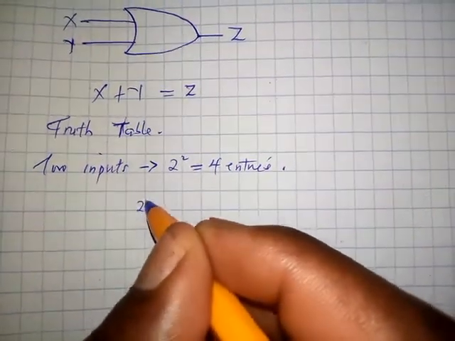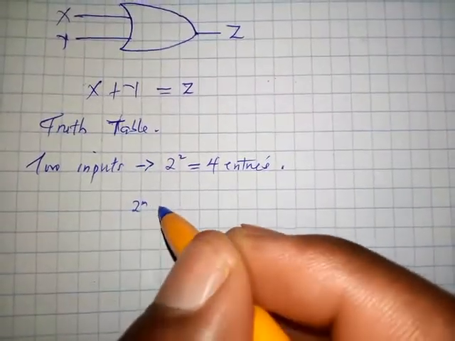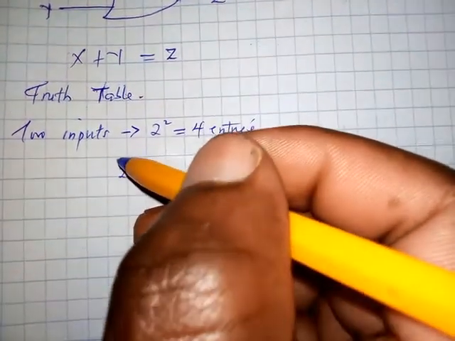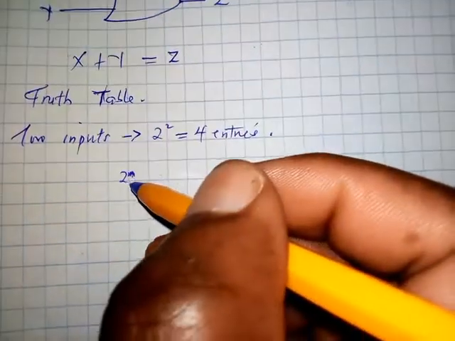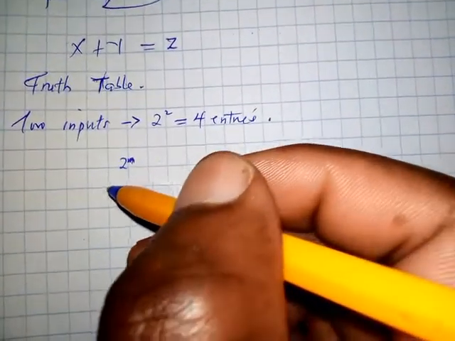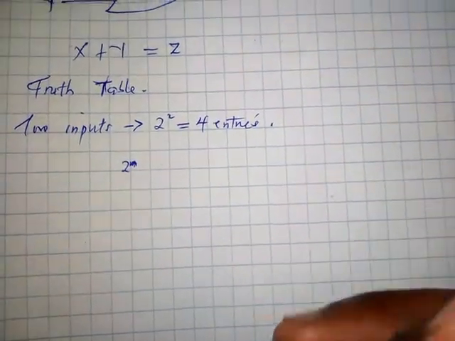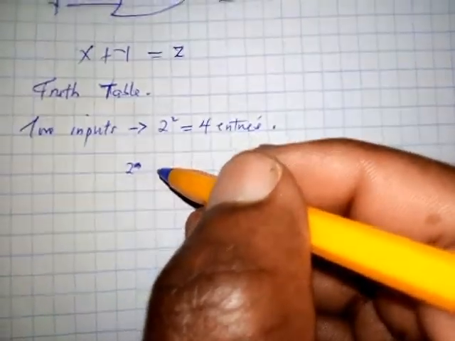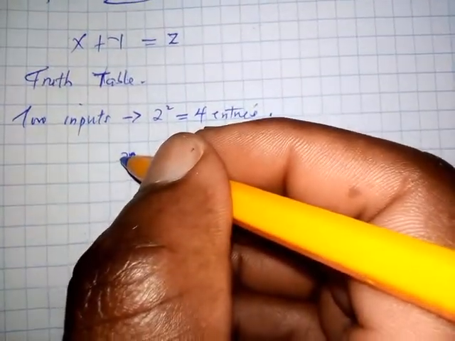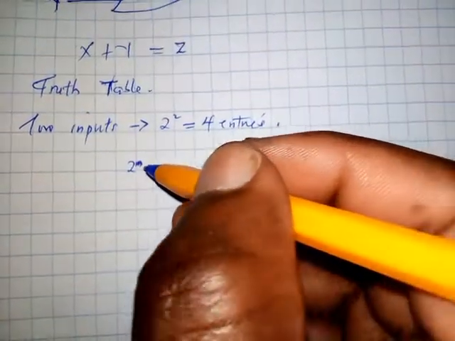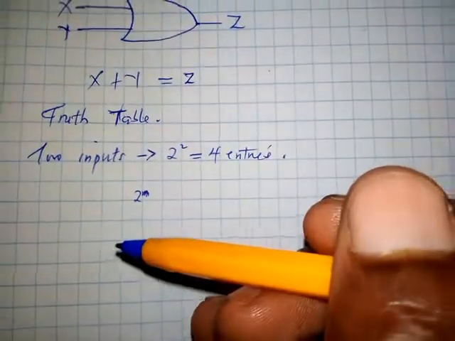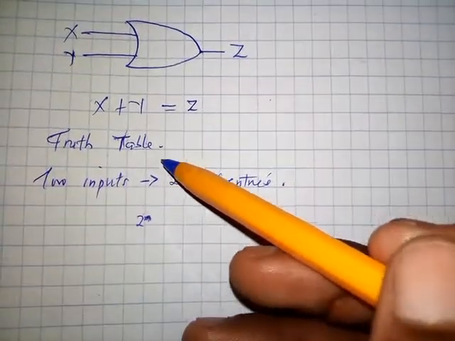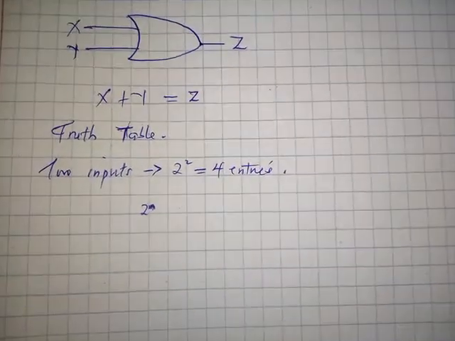The base 2 is because it's related to the binary numbering, which is 0 and 1, and n is the number of inputs. We have two inputs, X and Y, so n is 2. Are we there?